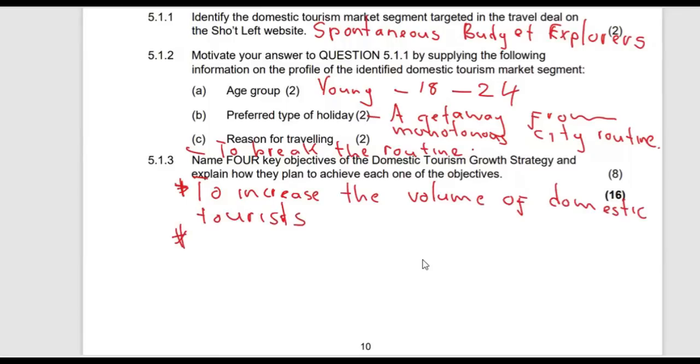In addition to that, you can also say that to increase revenue. Revenue, we are referring to money. So to increase domestic tourism revenue as well.